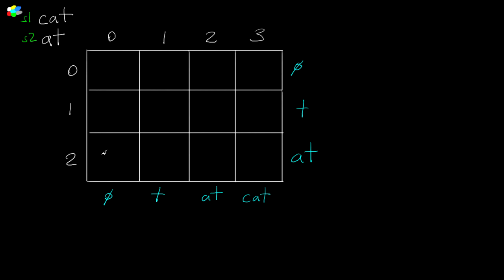All right, so our table is going to look like this. Cat is going to correspond to the columns of our table, S1, and at, S2, will correspond to the rows of our table. So that means that we are going to need 4 columns and 3 rows.